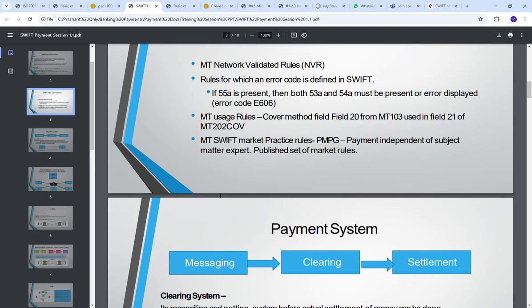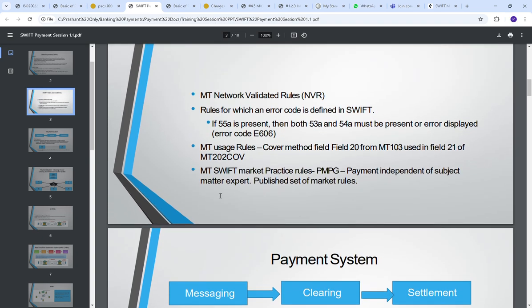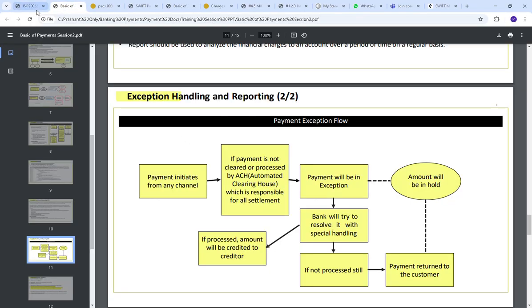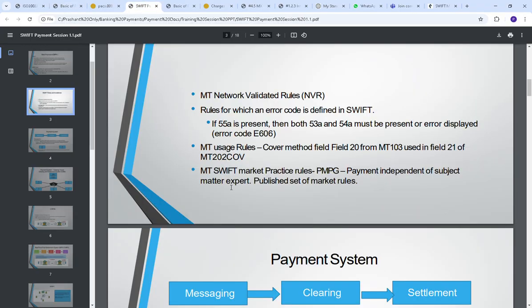Then the rules and guidelines, which are given by SWIFT. These are thousands of guidelines. How do these guidelines look? They look like this.